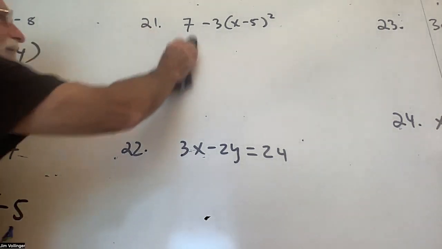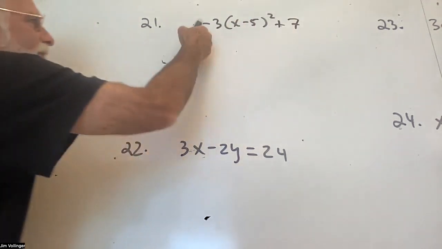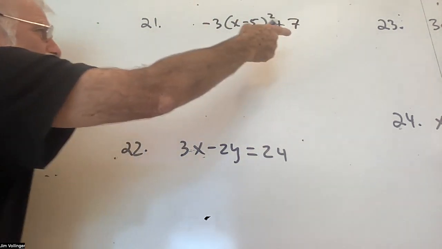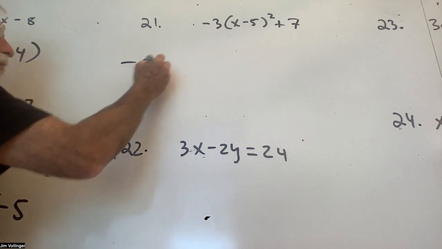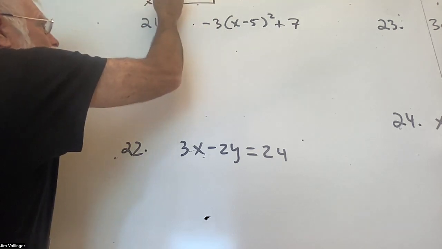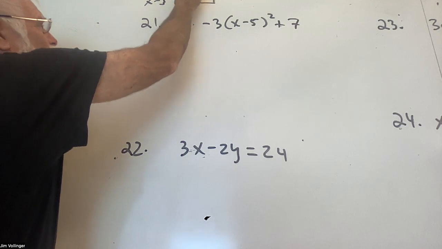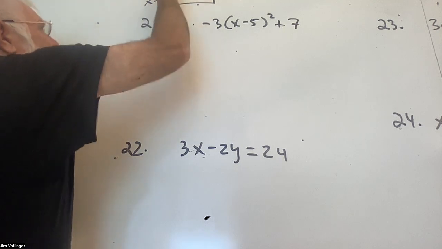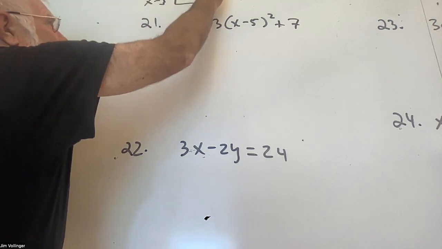All right, so expanding this. That's addition of 7. You can do addition last. The last thing you want to do is say 7 minus 3 is 4 because you're breaking the rules of order of operation. So this is minus 3. Remember what (x minus 5) squared is. It's a square. It's got 4 parts to it. 2 of them are like terms. So that's x squared minus 5x minus 5x minus 10x, and minus 5 times minus 5, 25.